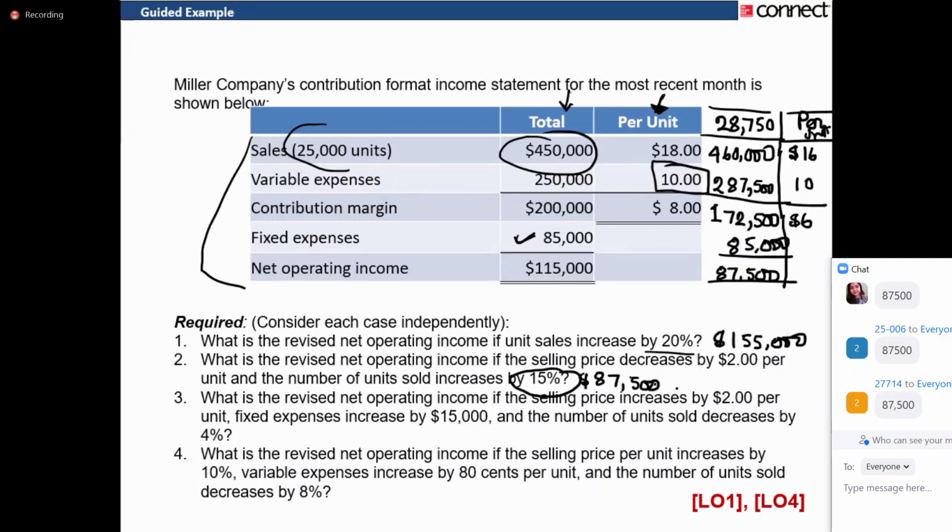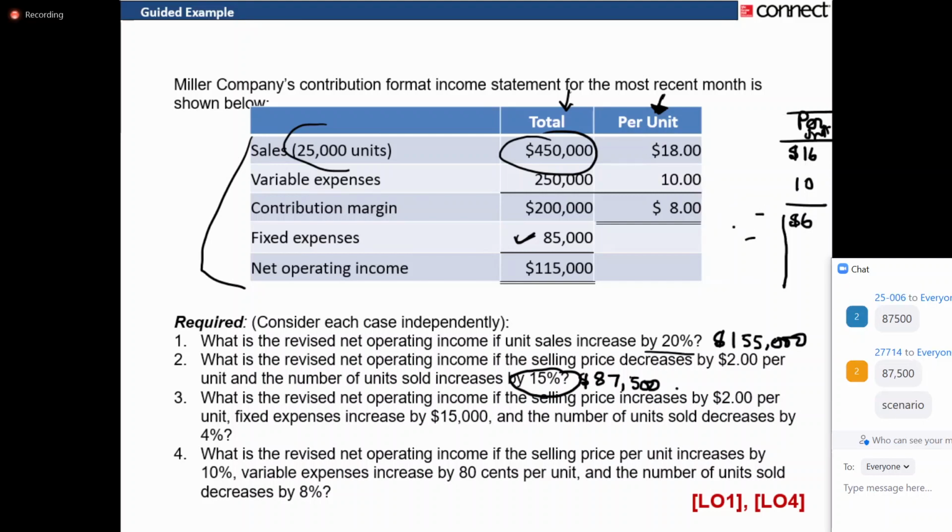Okay, number 3. What is the revised net operating income if the selling price increases by $2 per unit, fixed expenses increases by 15,000, and the number of units sold decreases by 4%? So many things are happening at a time. So again, this is a sensitivity case or scenario case.